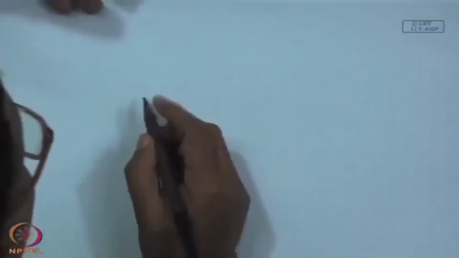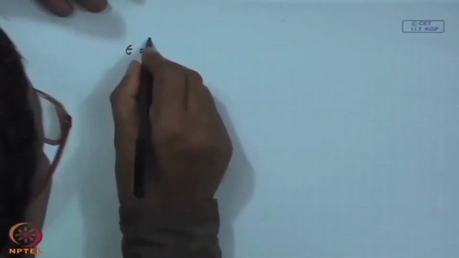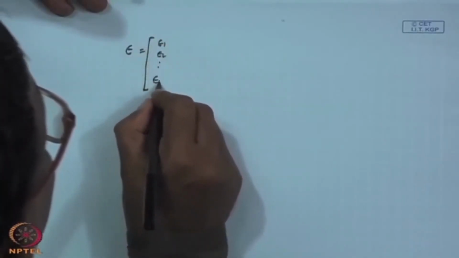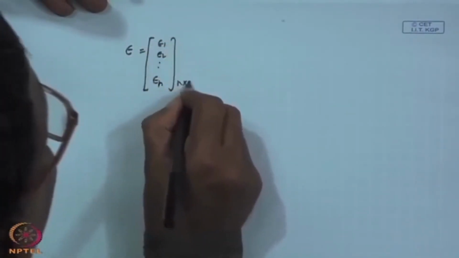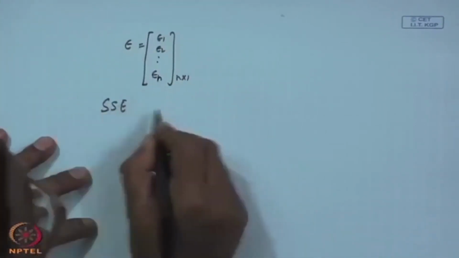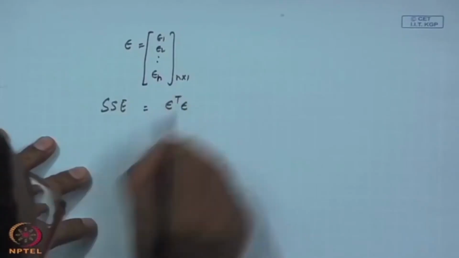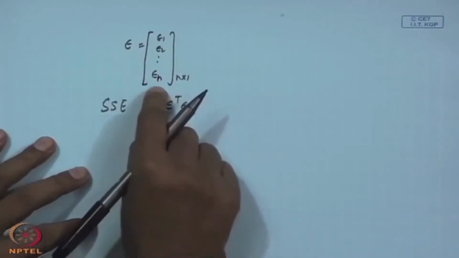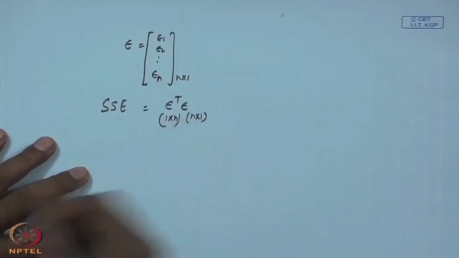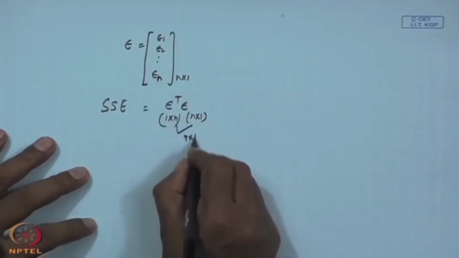Okay. So now let us write in terms of matrix. Then we found that epsilon is epsilon 1, epsilon 2, up to epsilon n, that is n cross 1. We are making SSE, the sum of squared errors. Can we not write like this? This is a vector. So 1 cross n times n cross 1 will give you 1 cross 1, a scalar quantity.